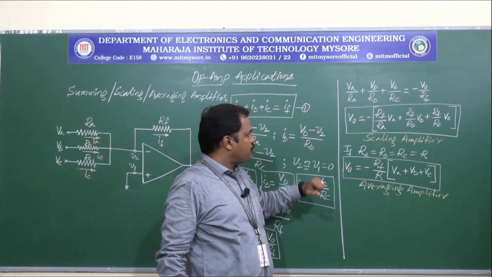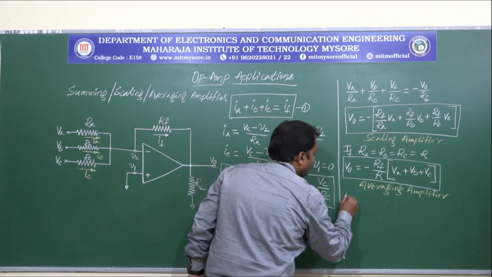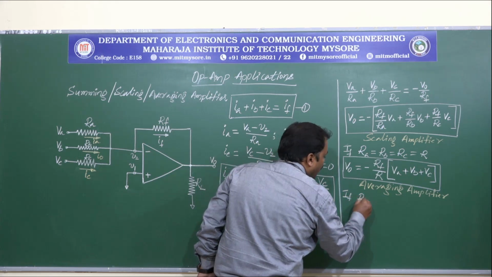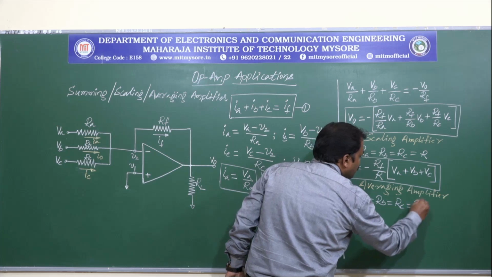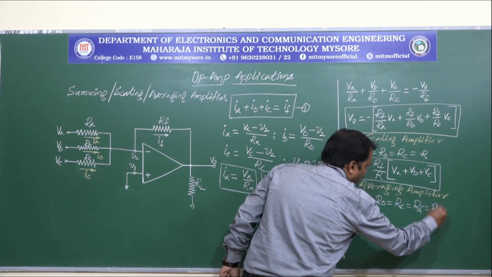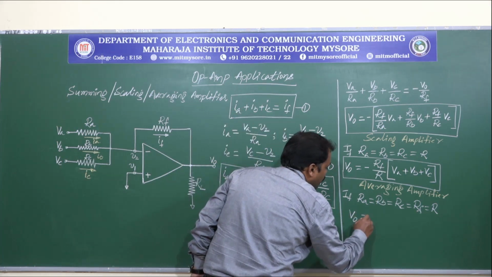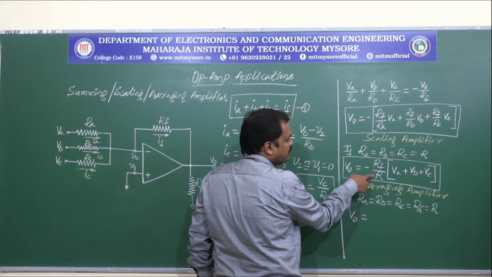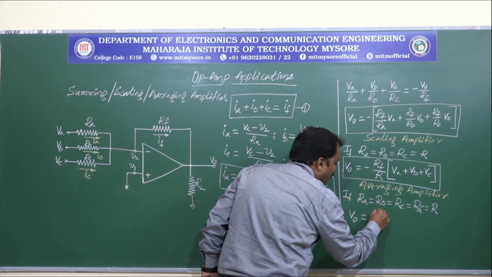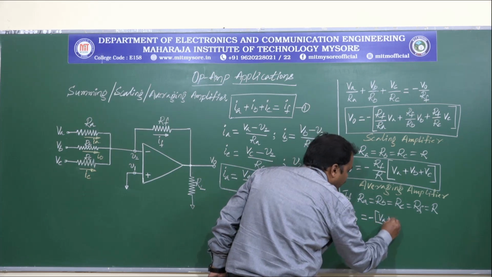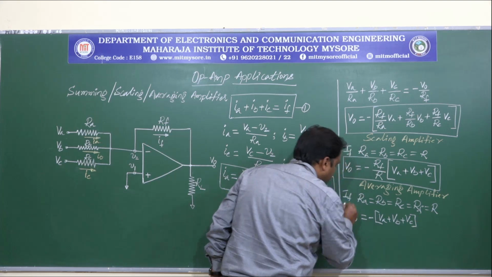Now in the same equation, if we equate all the resistance values, let us say if RA is equal to RB is equal to RC is equal to RF equals R, then V0 will be equal to, here if RF is equal to R, then this cancels, then what we have is minus of VA plus VB plus VC.